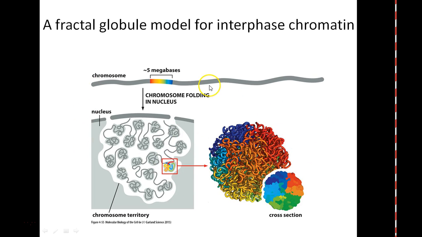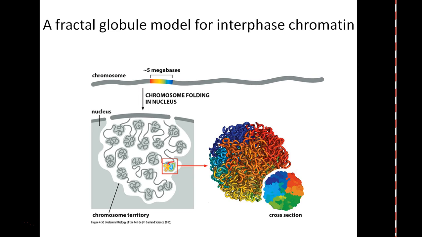But this model shows you the chromosome. So this gray long thing is an entire single human chromosome. And here it shows you how this chromosome is organized in interphase chromatin. So interphase chromatin is the chromatin in probably the majority of our cells, the cells that are not currently dividing.